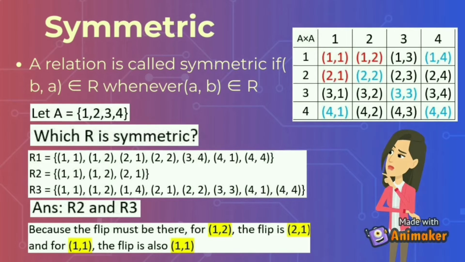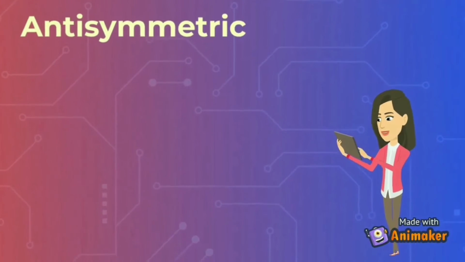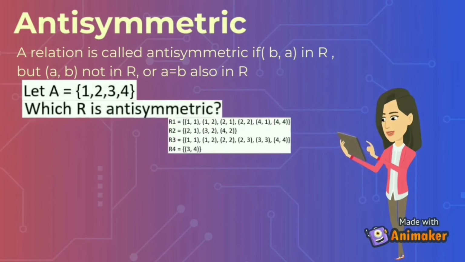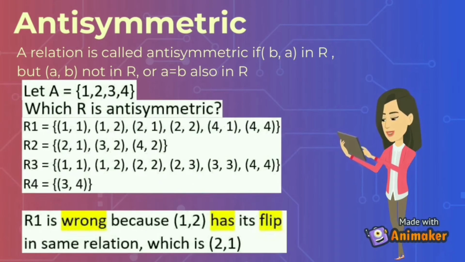Same goes for R3. Moving on to antisymmetric, a relation is called antisymmetric if the pair does not have its flip, which means that inside the same relation, there is no (B,A) for an (A,B) pair. But if there is any pair or more than one pair where A equals B inside of the relation, it is allowed in antisymmetric. From the example, we can see that R1 is not antisymmetric because it has (1,2) and (2,1).